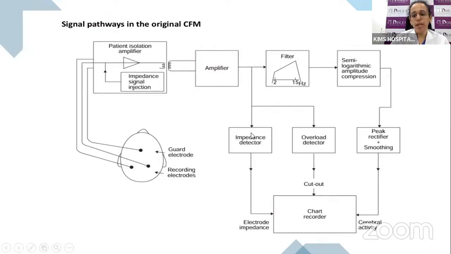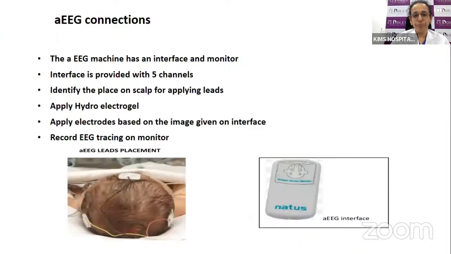Then we should see whether the electrodes are placed on the scalp correctly and whether the gel is applied properly. There should not be any hair where we apply the scalp electrode, and it should not be partially approximated to the skin of the baby. It should be completely approximated with no air gap in between, to record the graphs properly.